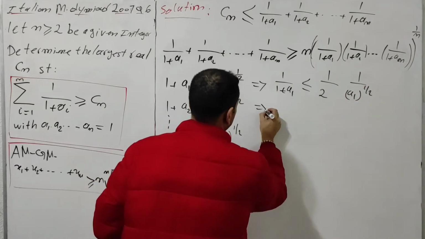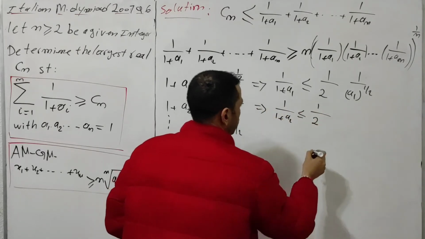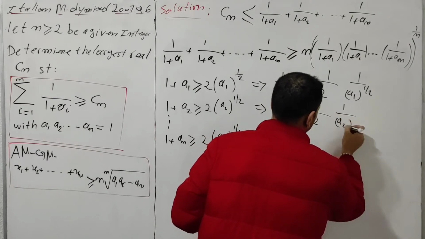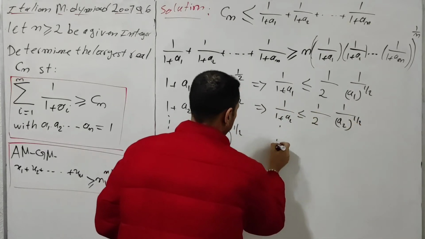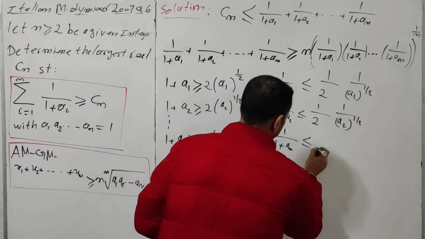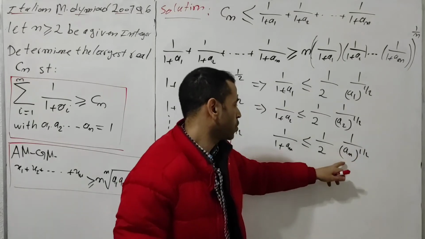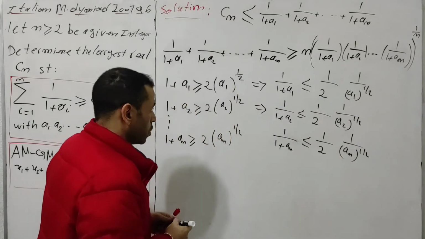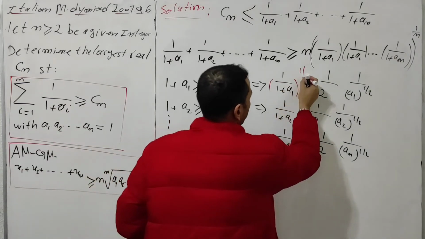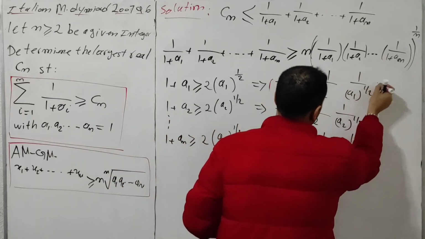The same with the second term, 1 over 1 plus a sub 2 is less than or equal to 1 over 2 multiplied by the reciprocal of the square root of a sub 2, and all the way down to the last term, 1 over 1 plus a sub n, less than or equal to 1 over 2 multiplied by 1 over the square root of a sub n. Now I'm going to raise each term to the exponent 1 over n.